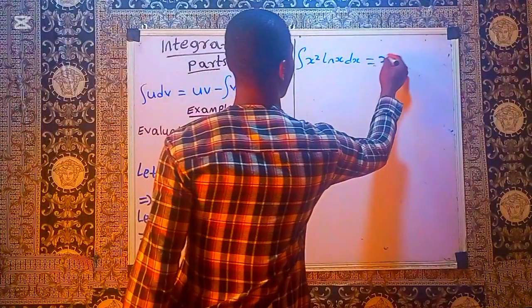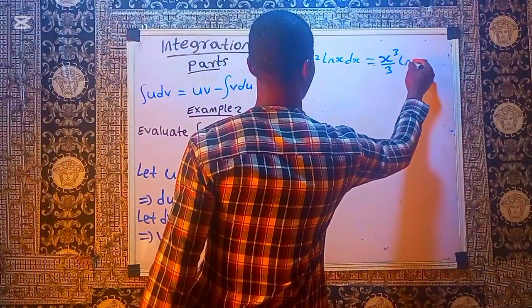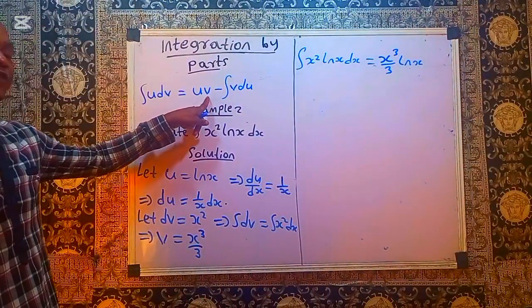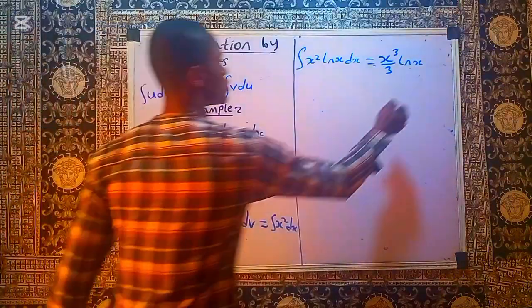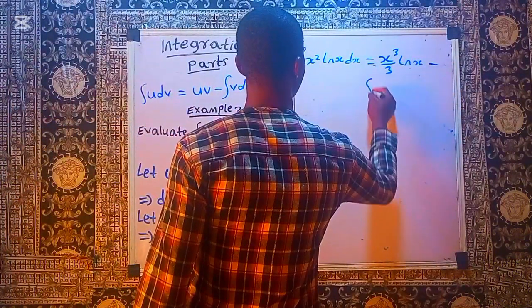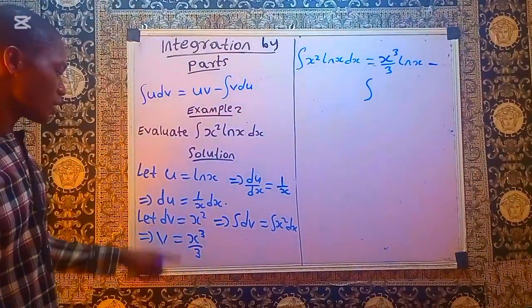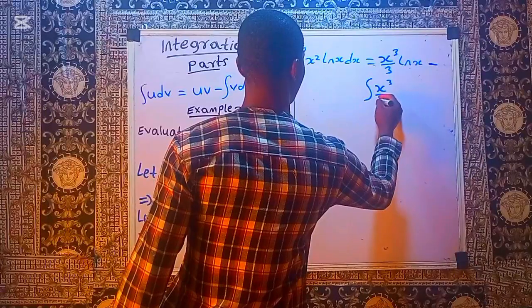So we have x raised to power 3 divided by 3 times ln x. Right? Because u times v is the same as v times what? u. They are the same thing. So we are going to say minus the integral of v du. What is our v? Our v is x raised to power 3 divided by 3.